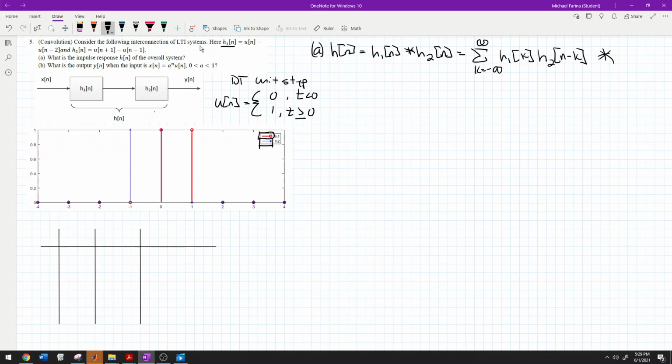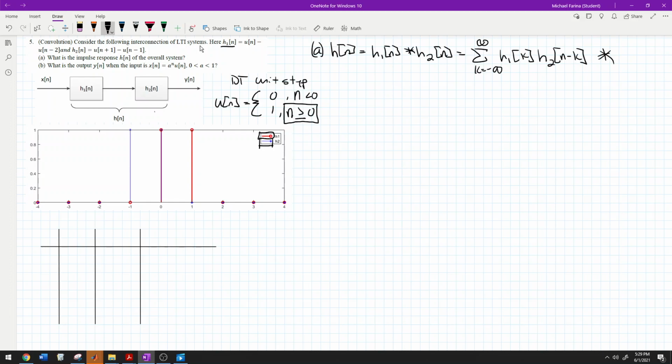This greater than or equal to is important, and it's different than in CT, where the unit step is not defined at t equals 0. Oh, I guess these should be n's right here too, huh? So that's an n, and this is an n.